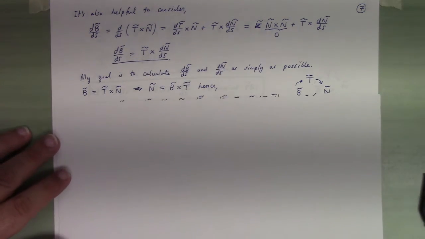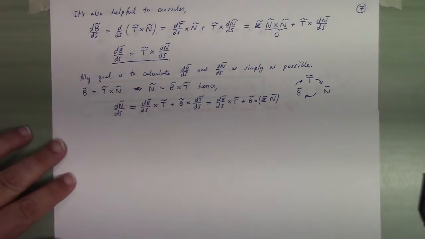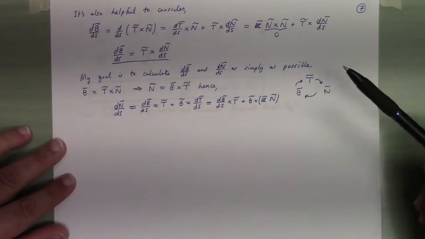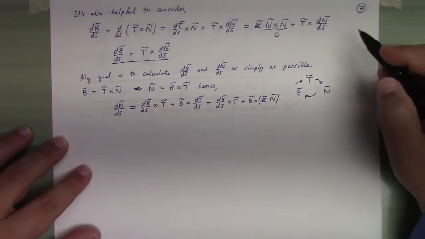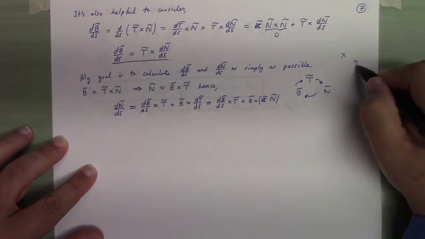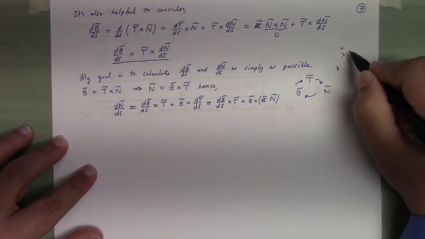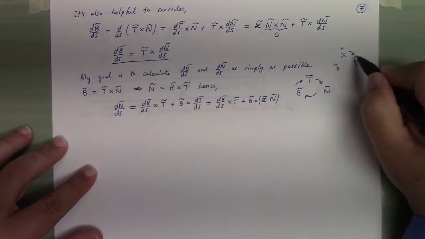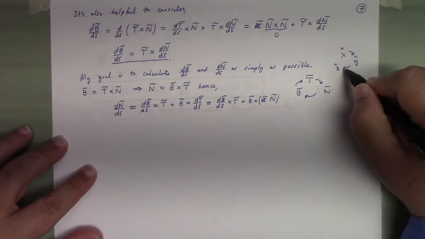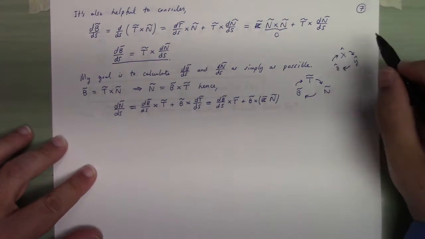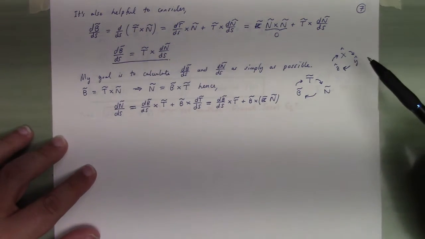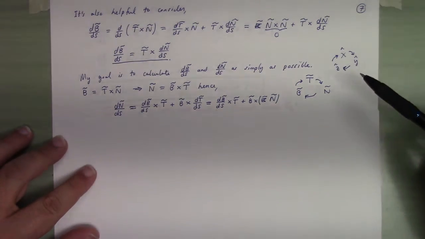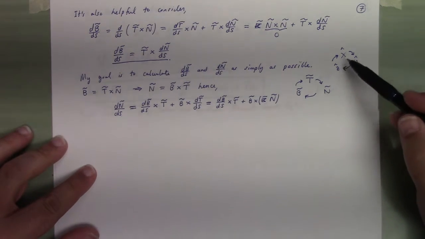One of the other things I should notice is that we can write a little circle, just like we write for x, y, z. Because t, n, and b also form a right-handed triple, they enjoy the same properties as x hat, y hat, z hat. So if b is defined as t cross n, it's just like saying z is x cross y.